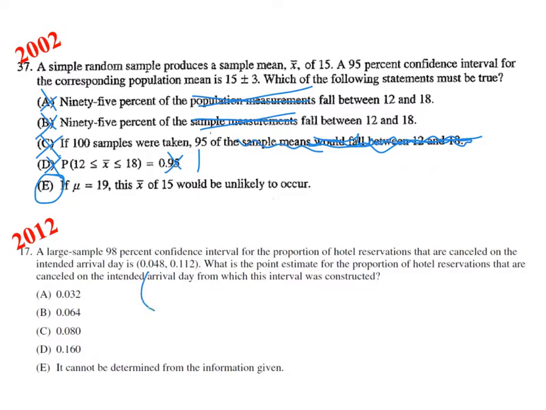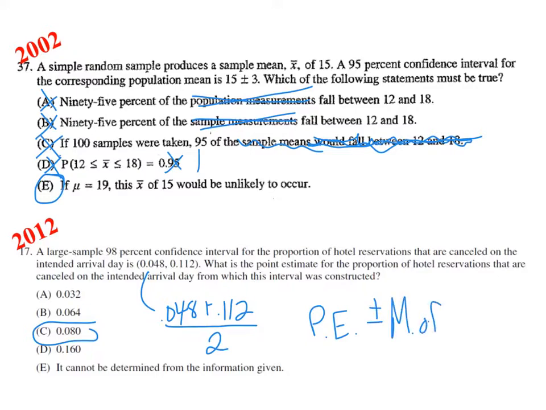So if we just found the average, that would be our point estimate. It is 0.080. The point estimate is the thing that comes in the middle because point estimate plus or minus margin of error is how we build our interval.